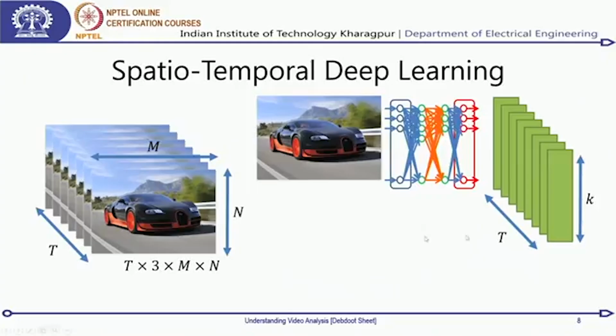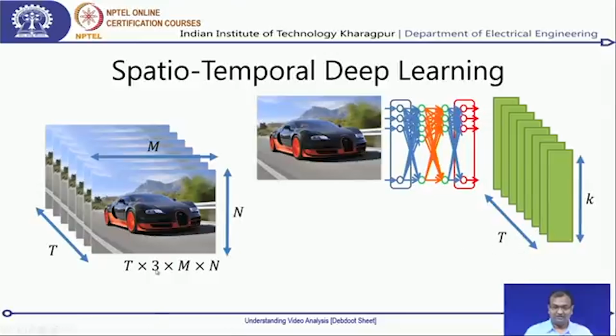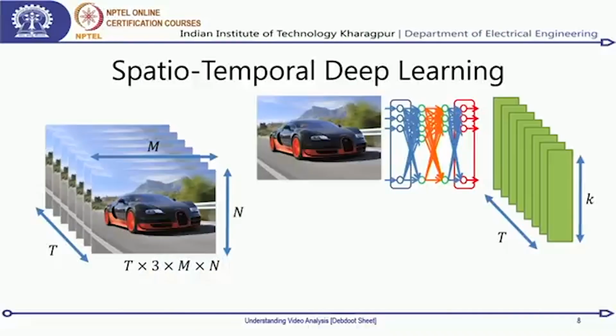So the video space, which has T cross 3 cross m cross n, is now mapped into a T cross K size tensor, where the 3 cross m cross n dimension is mapped onto these K dimensions. That is linearized and mapped into a much reduced space, whereas your time dimension still remains the same.